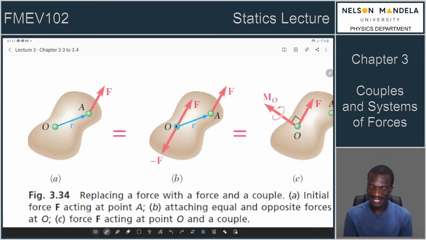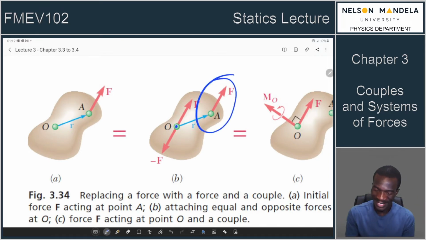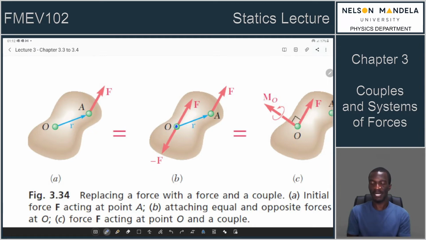Having done that, we can now get rid of this force that was at that point, because our intention was to move a force to a location of our choice. Now that we've moved it to a location of our choice, and we've mathematically provided a counteraction to that action so that physically everything is still the same, we can interpret this force and that force as having now created a couple.